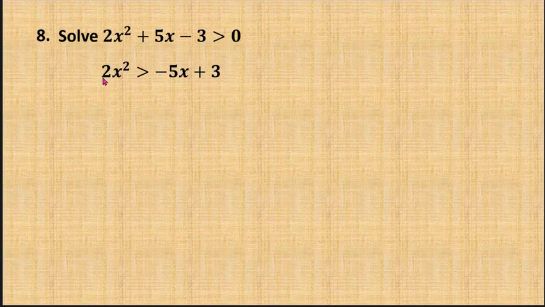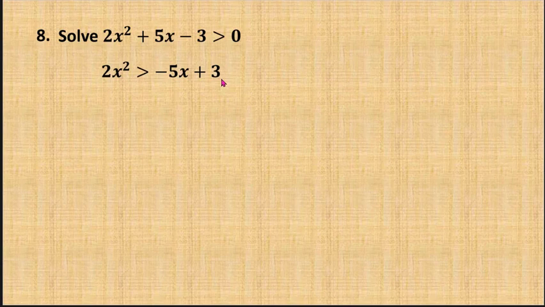And I keep the term 2x power 2 on the left. Now I got 2 different functions. One is y equals 2x power 2, which is a simple quadratic, and another one is y equals negative 5x plus 3, which is a linear function.